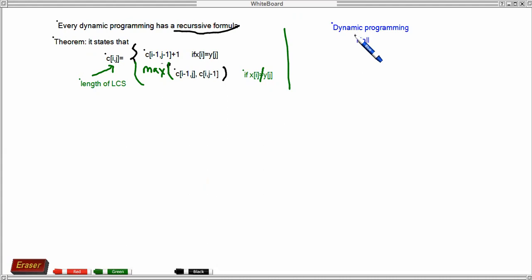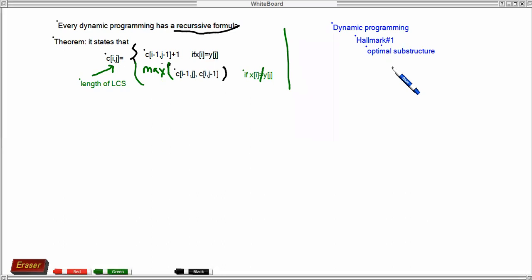Hallmark one is for optimal substructure.